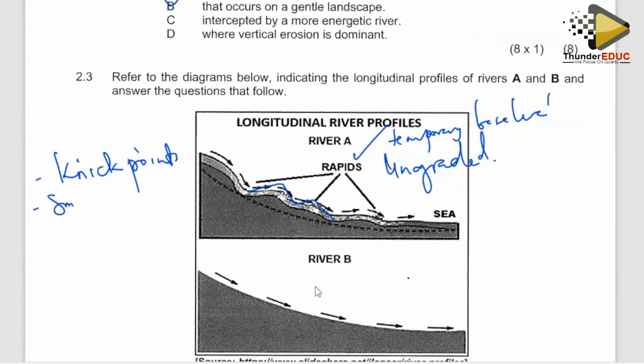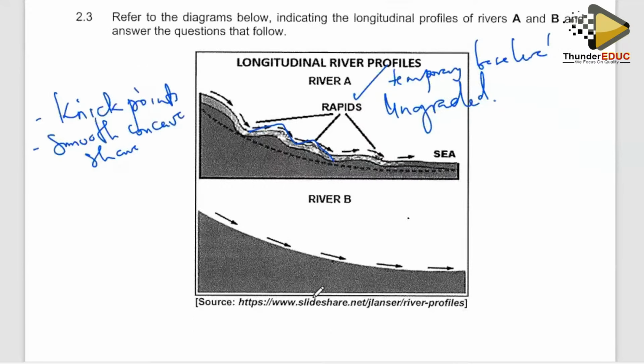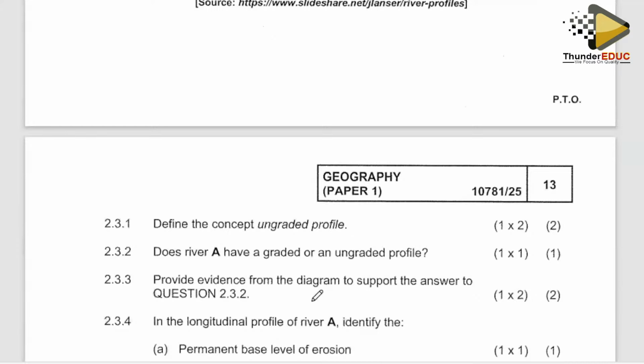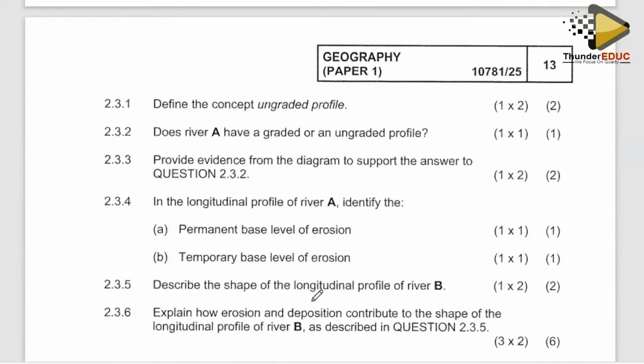We don't have a smooth concave shape. So it's ungraded. It implies that there is no balance. Presence of rapids indicate that there's no balance between erosion and deposition. So these rapids are clear evidence that there is no balance between the process of erosion and deposition.